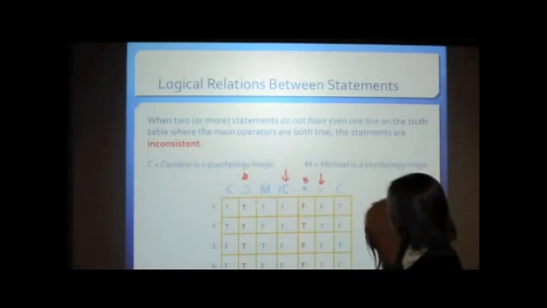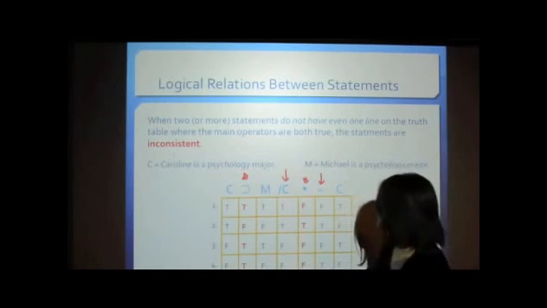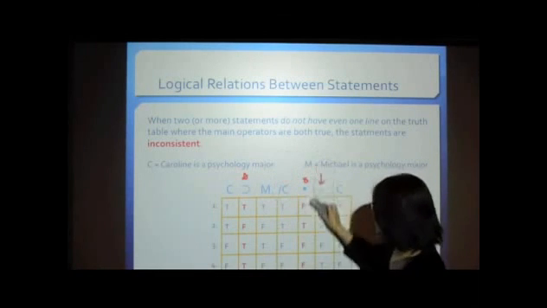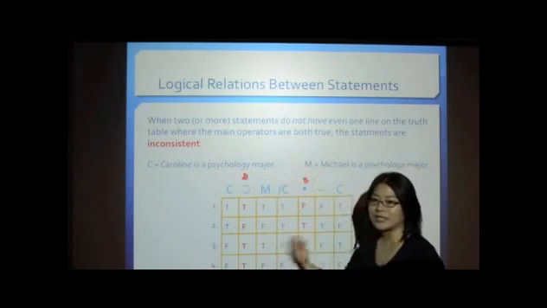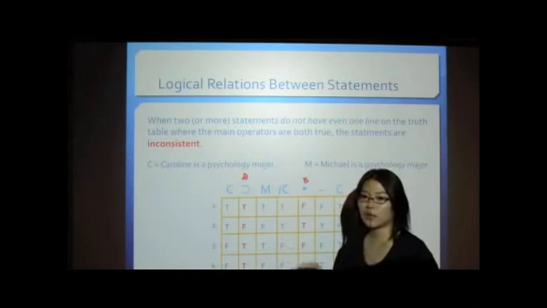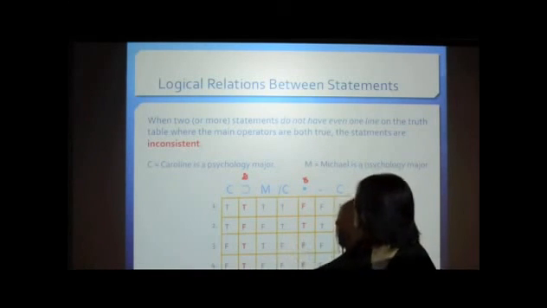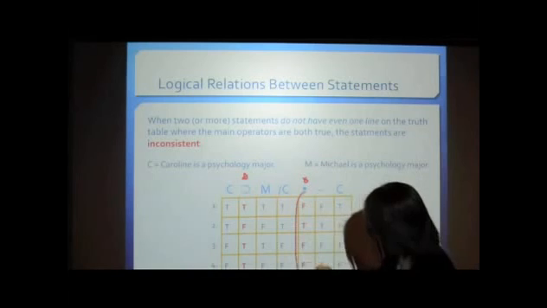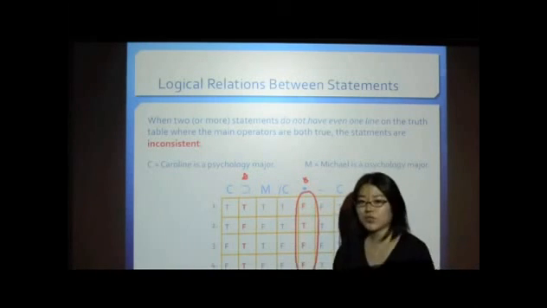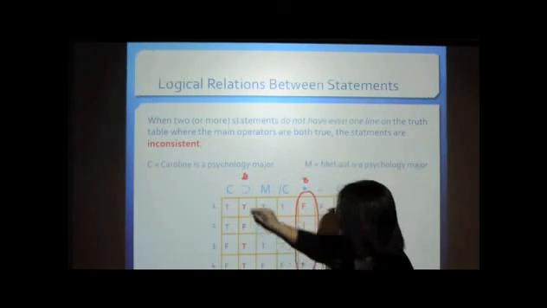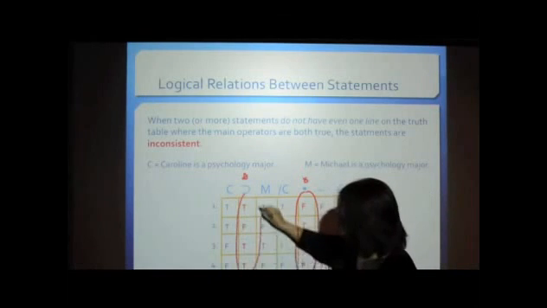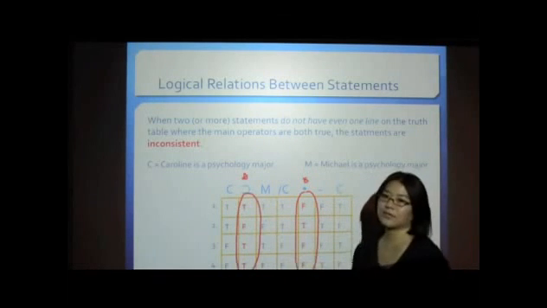Now that we've done the truth table for both statements, we can compare them. We can also determine properties of each individual statement. This column determines the possible truth values for this statement, and this column determines the possible truth values for the other statement.